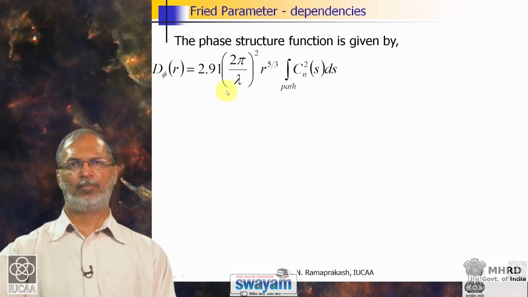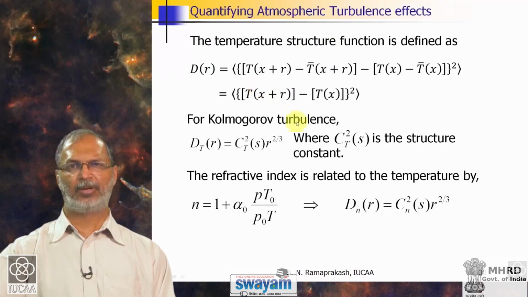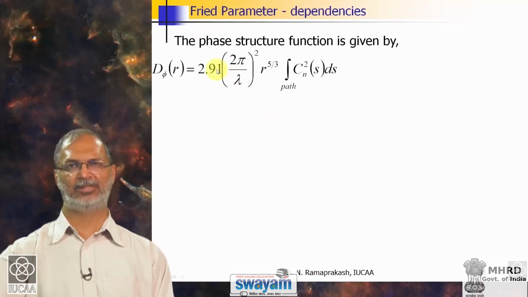If you then translate this refractive index into the phase of the light passing through the atmosphere, phase is nothing but 2 pi by lambda times the distance travelled in a given path.